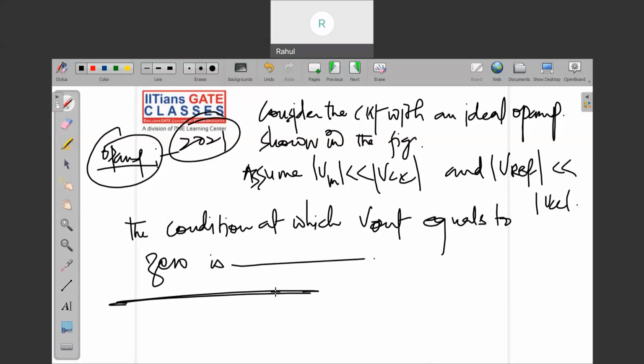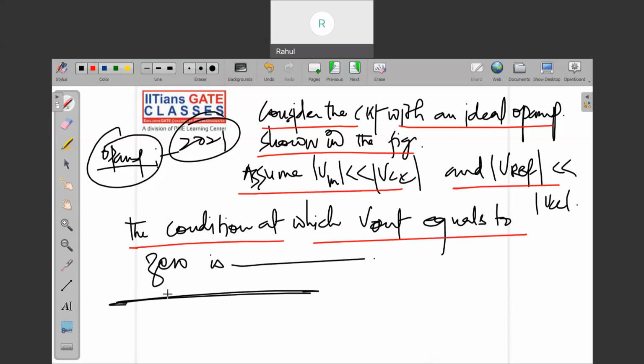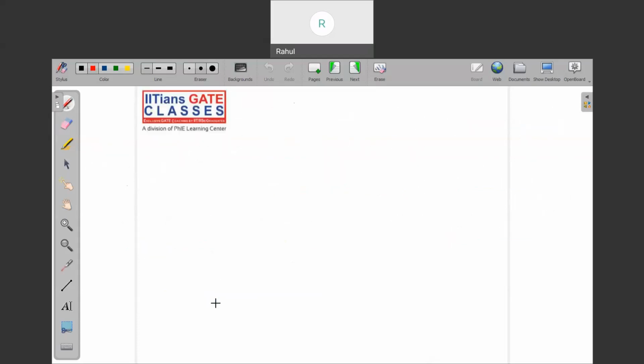As they have said that V out is equal to 0, so let me draw the circuit here. Already they have told you that the output is 0, so you don't have to worry about that. You have to find the output and equate it to 0.